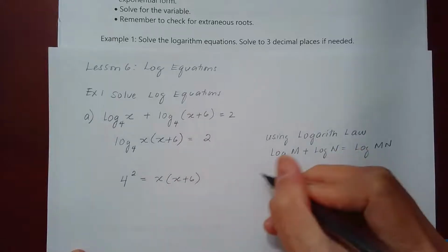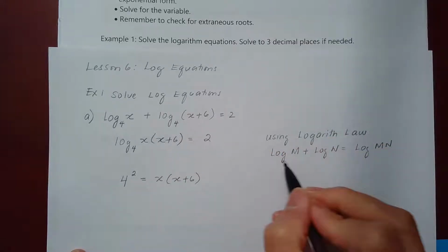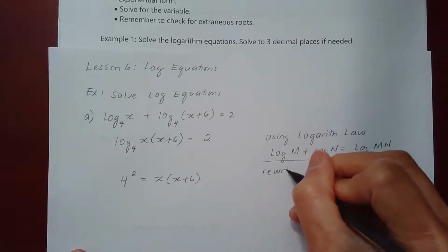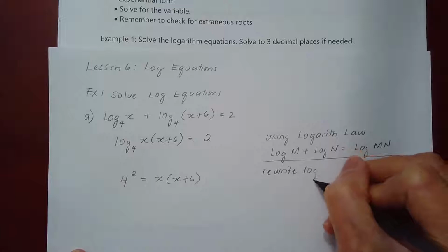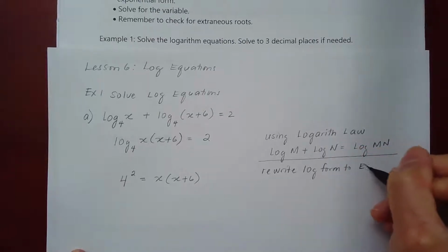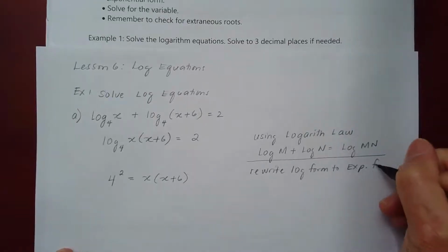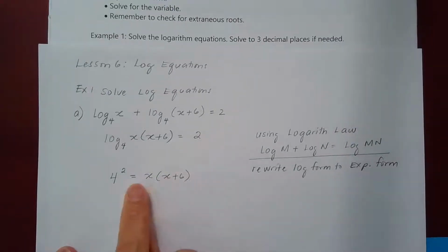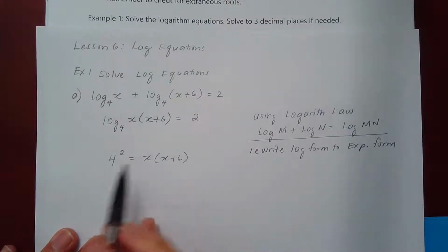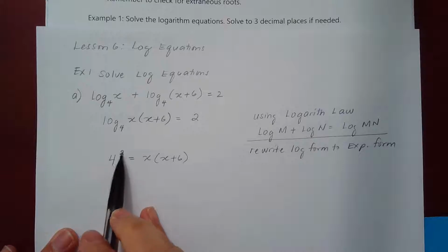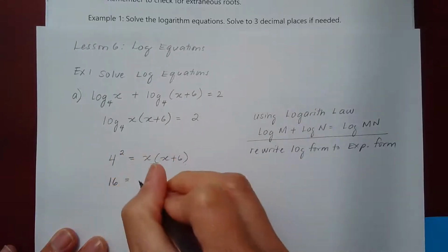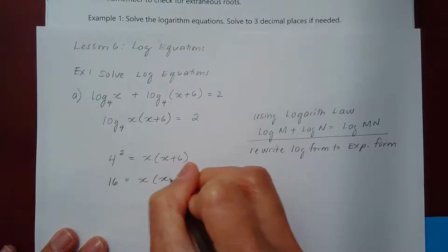So from here, we rewrote the log form to exponential form. Now when you look at this part, 4 squared, we know that's 16. So we're going to put 16 there, equal to x times x plus 6.